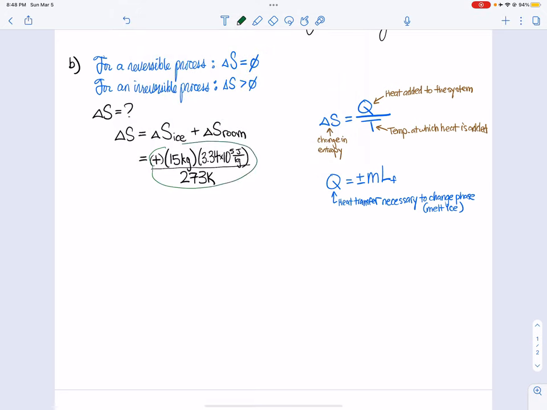This is the change in entropy for the ice. What about the change in entropy for the room? I'm just going to move this a little bit to the left so I have more space.